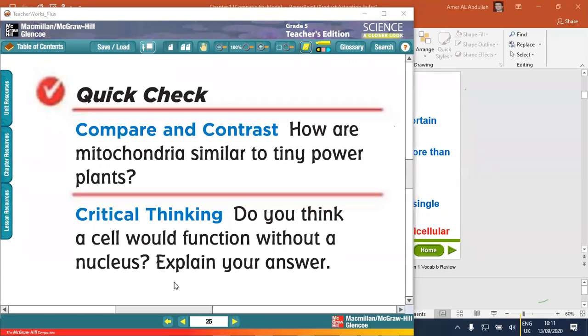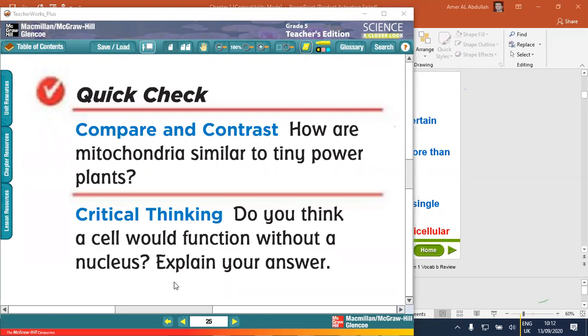And a cell would not be able to break down food, to provide energy, grow or move without a nucleus. Yes. I will repeat the answer. Write the answer in your copybook.